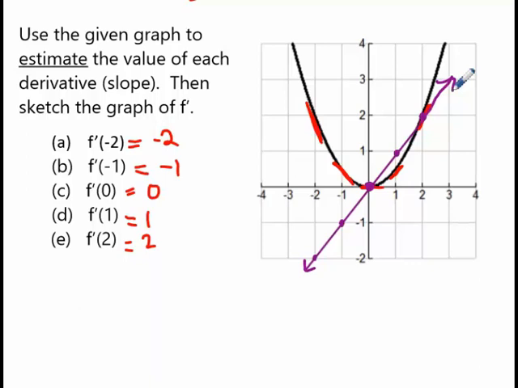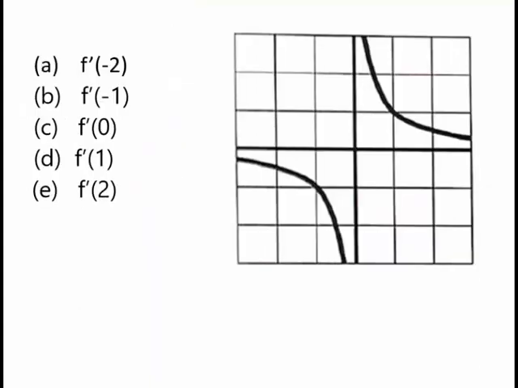Okay. Next one. F prime of negative 2, that's a fairly flat line, so I'm going to estimate that as negative 1/4. And f prime of negative 1, say about negative 1. F prime of 0 does not exist. And you can see because I have a vertical asymptote on this rational graph.